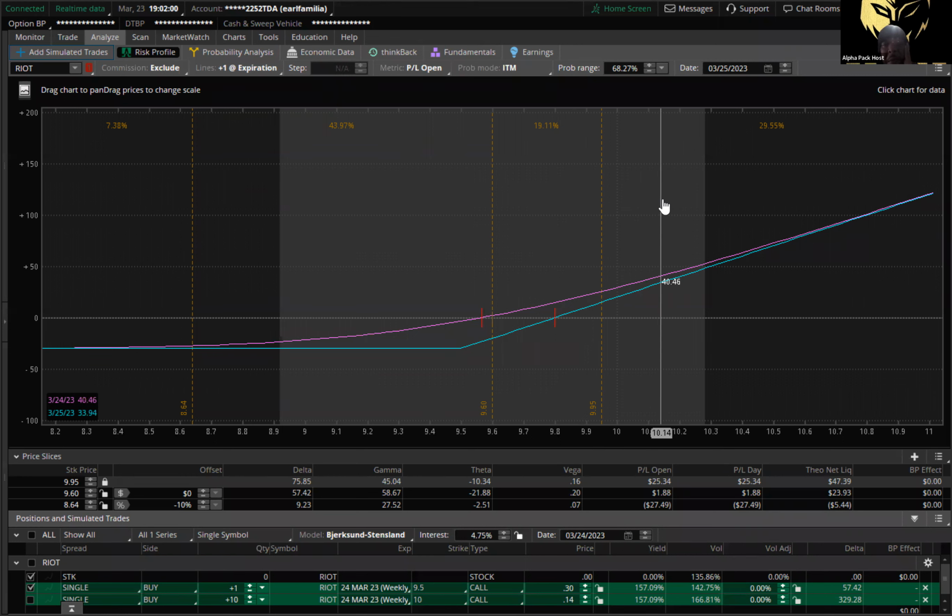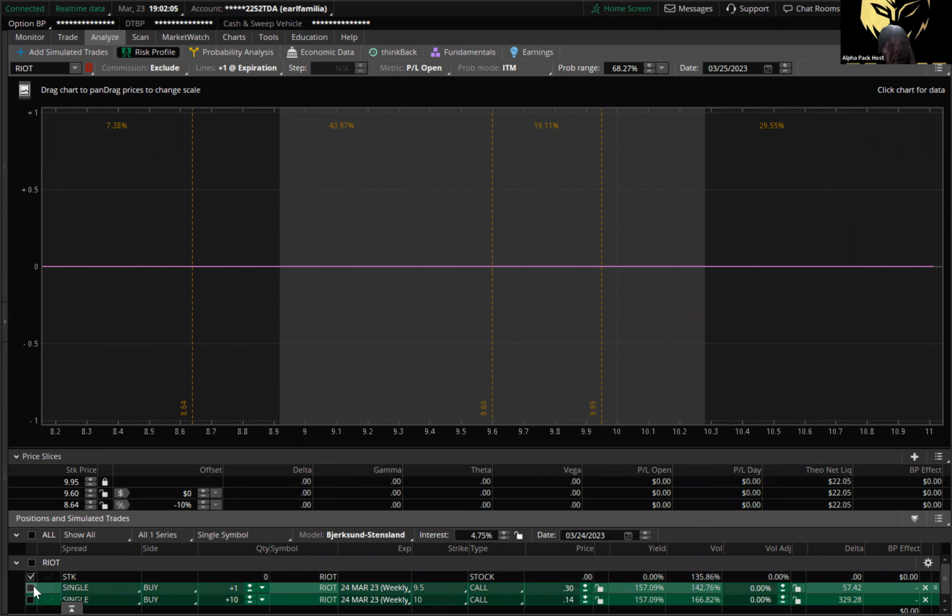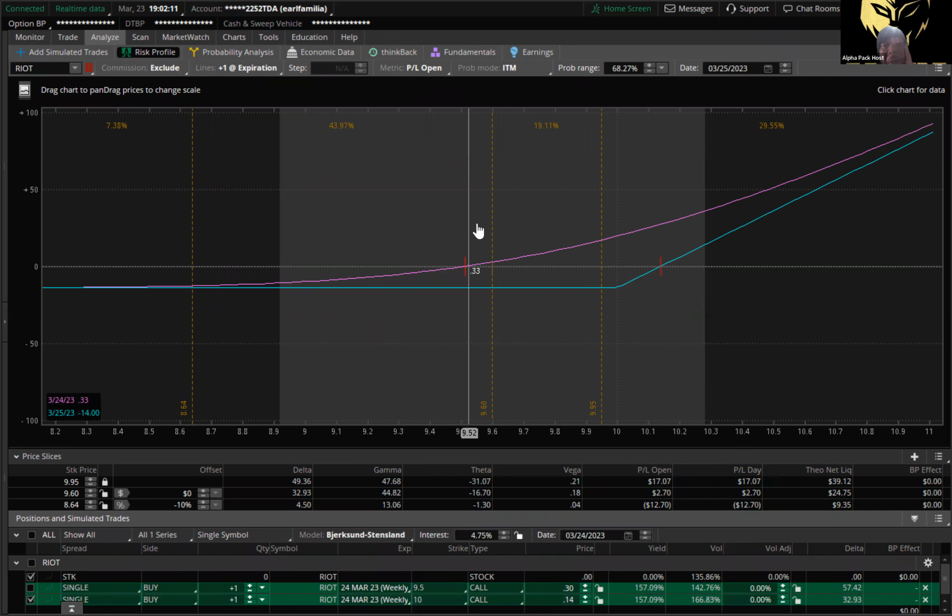I'm just playing around with the numbers to see. Let me do the same thing for a different contract. So we take the $10 strike, take it to the same target. Yeah, that's more like it.